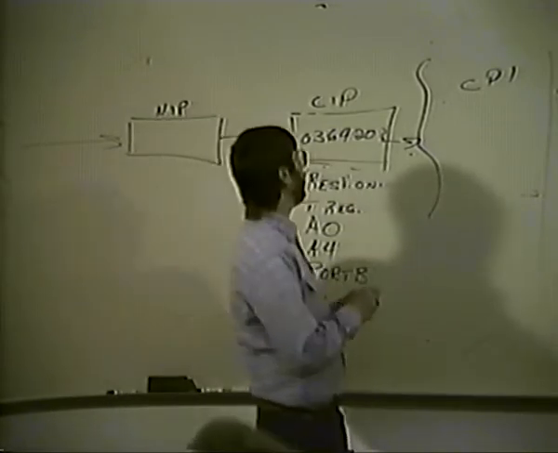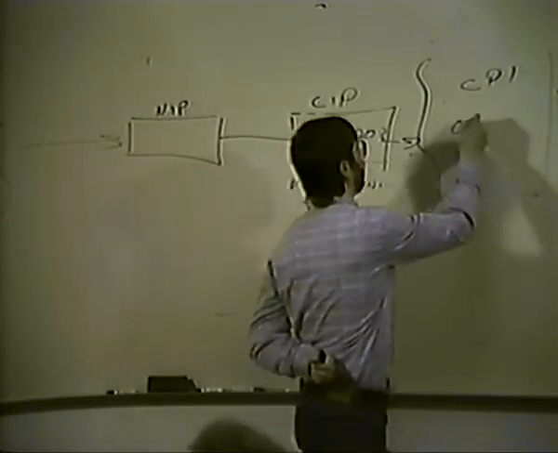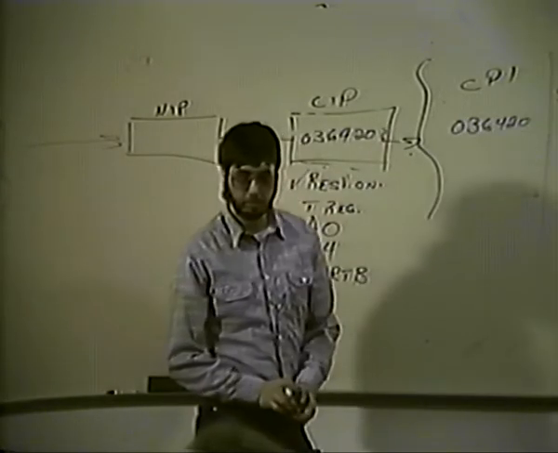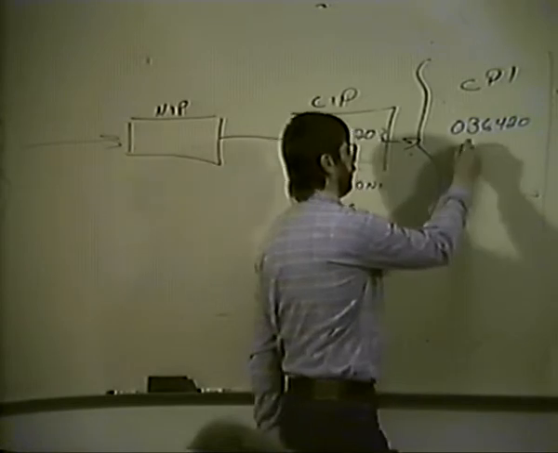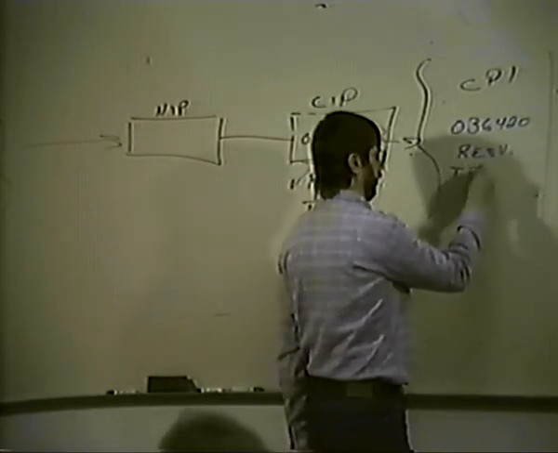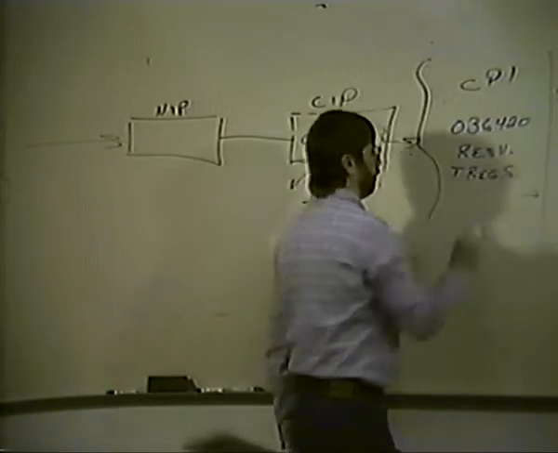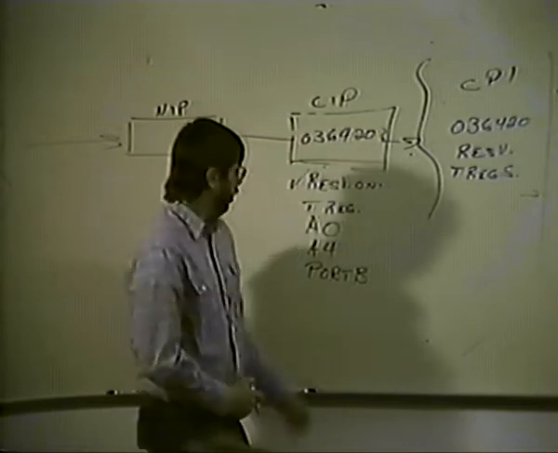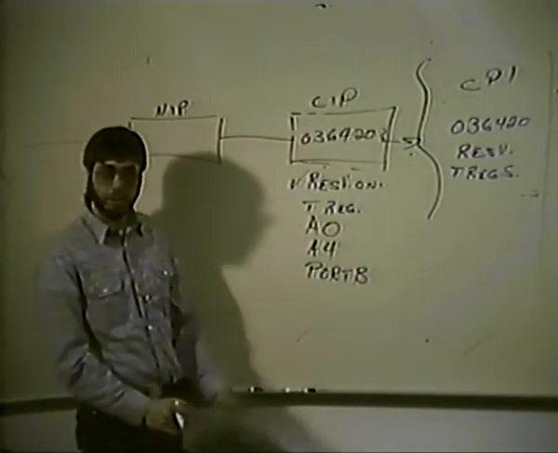Now, when this instruction issues, what are we going to reserve? T registers. I'll put an S behind that so we know. Do we need to reserve A0 and A4?